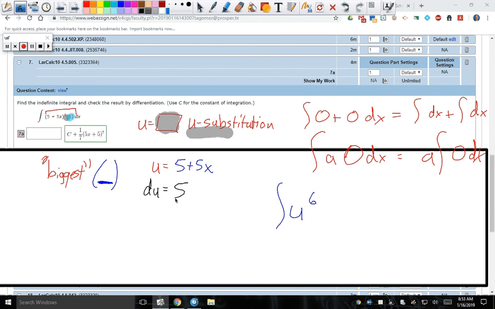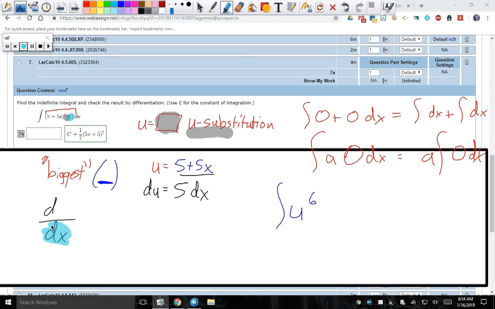Okay, so let me show you. I might have messed that up just a little bit. It's 5 dx. So again, let's take the derivative with respect to u. The derivative of u is du. Therefore, the derivative of this is going to be 5 dx. It's not just going to be 5 because you're not taking it with respect to x.